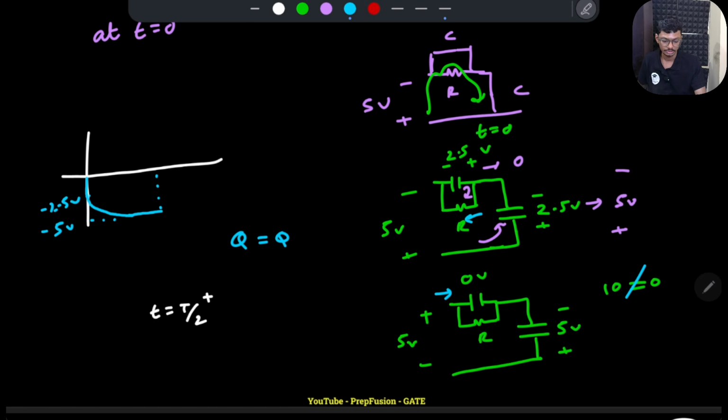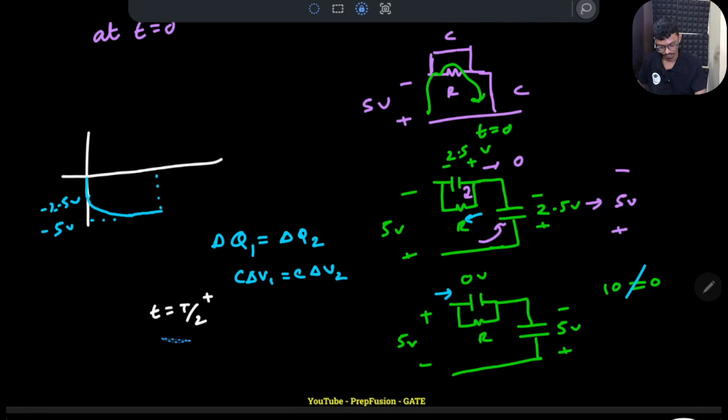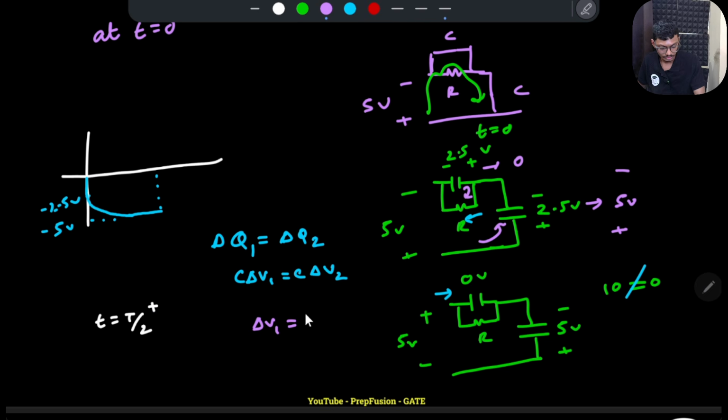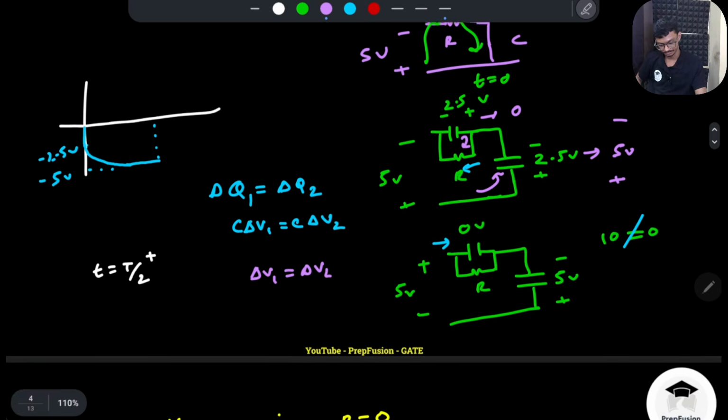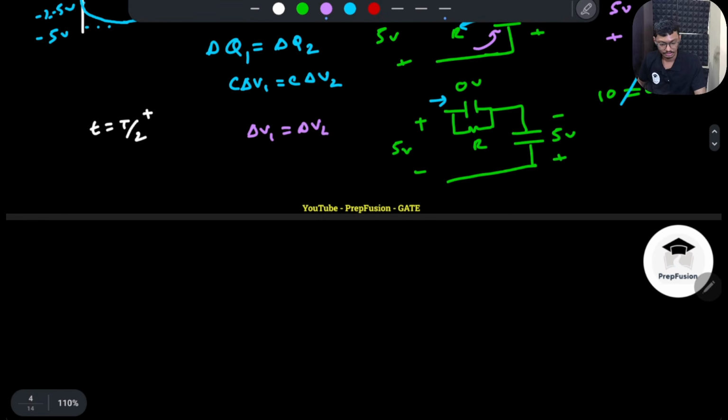The change in charge is the same, and both capacitors have capacitance C. So delta Q1 and delta Q2 are the same, which gives C delta V1 equals C delta V2. So delta V1 will be equal to delta V2. Basically the change in voltage will be the same. I have taught this concept in my switch capacitor videos.